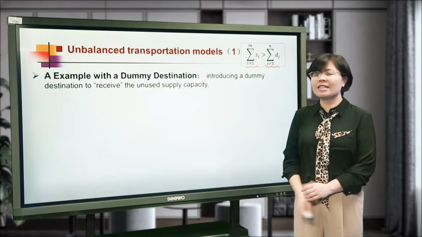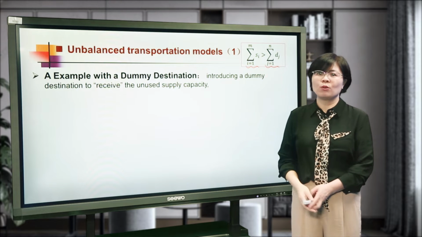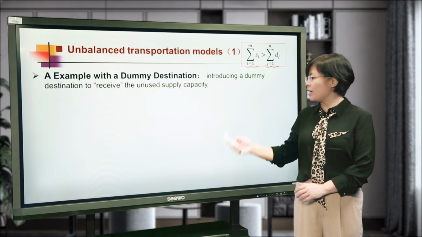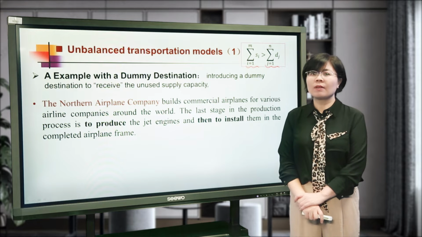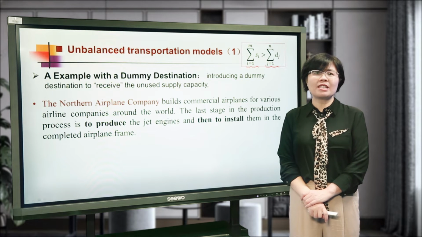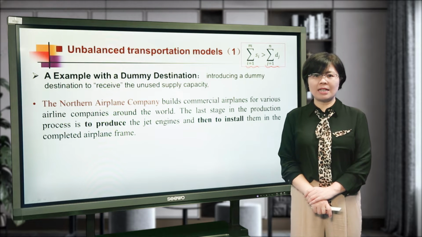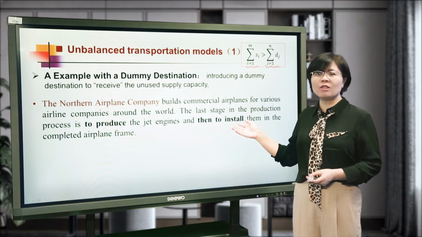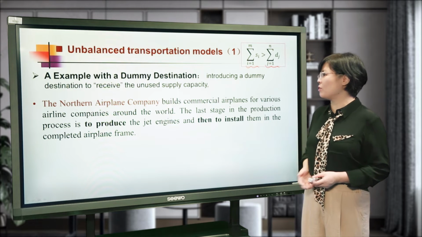There is an excess supply capacity. For the model of this case, we always introduce a dummy destination to receive the unused supply capacity. Here, I'd like to use an example to illustrate the procedure.